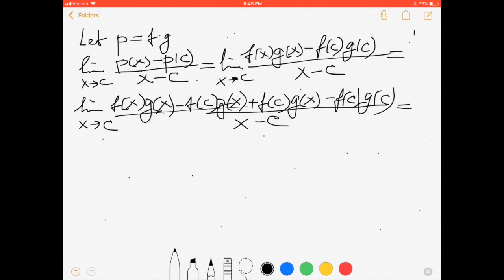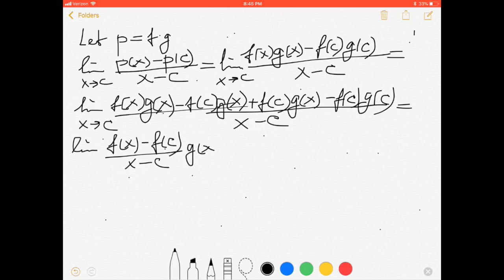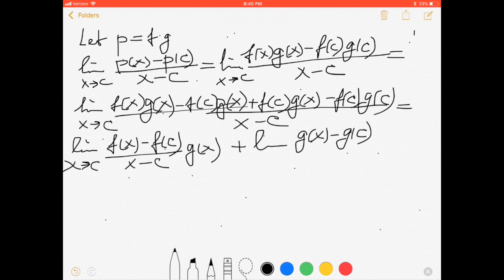Here we separate into two fractions and factor, and we have the limit, this is my first fraction, plus the limit. Here I have (g(x) minus g(c)) over (x minus c), x approaches c, times f(c).